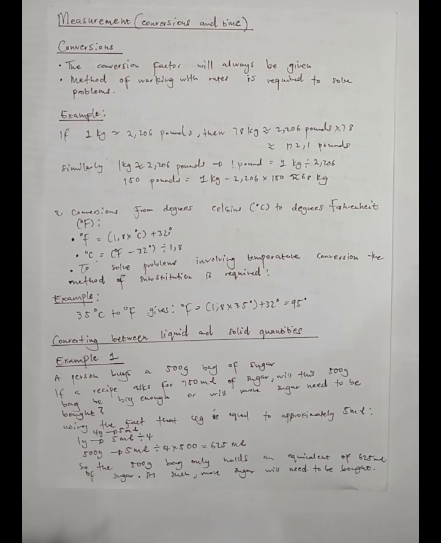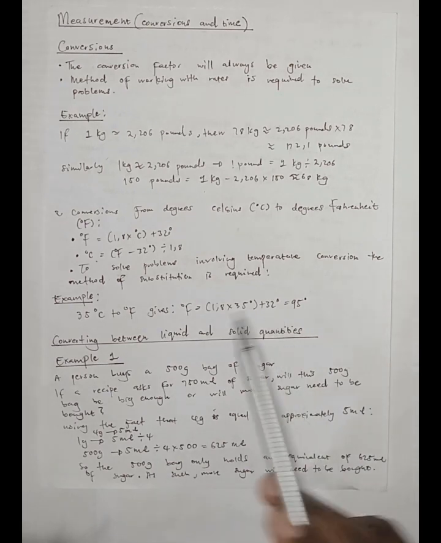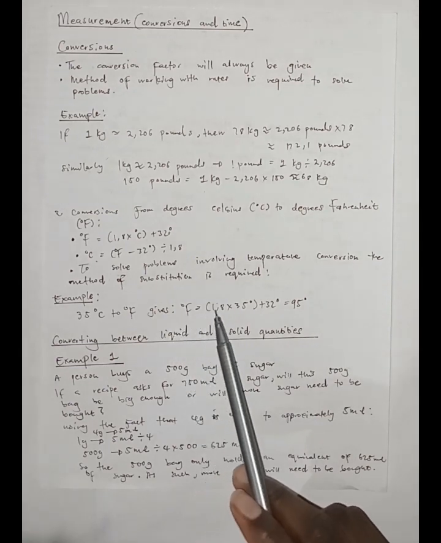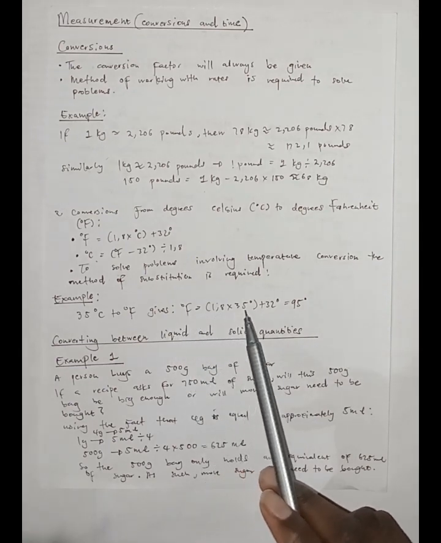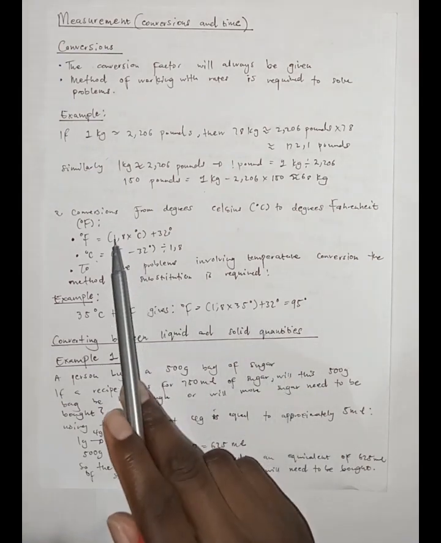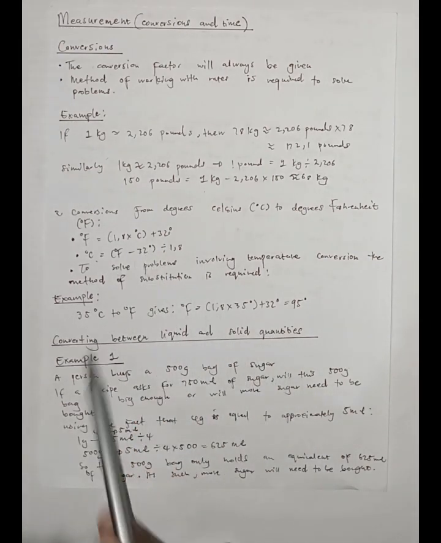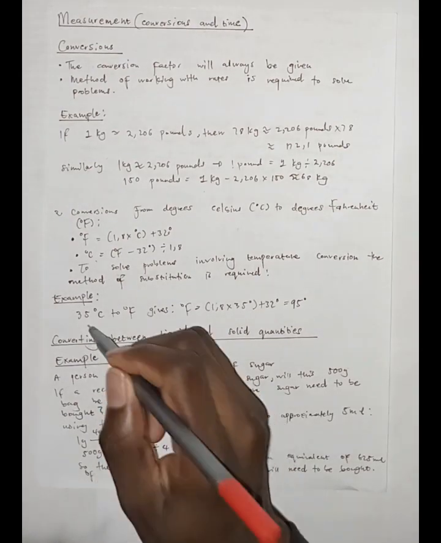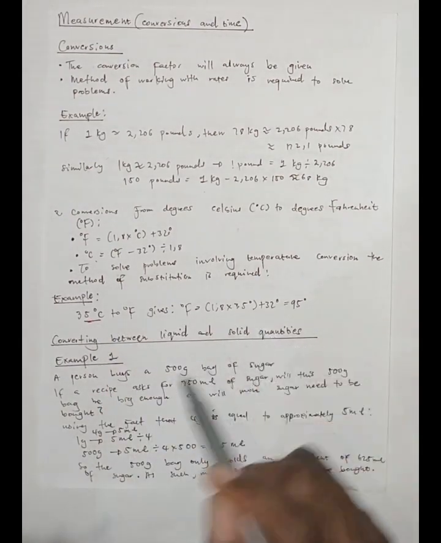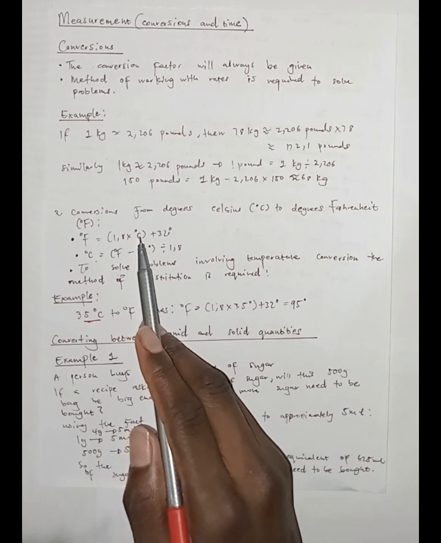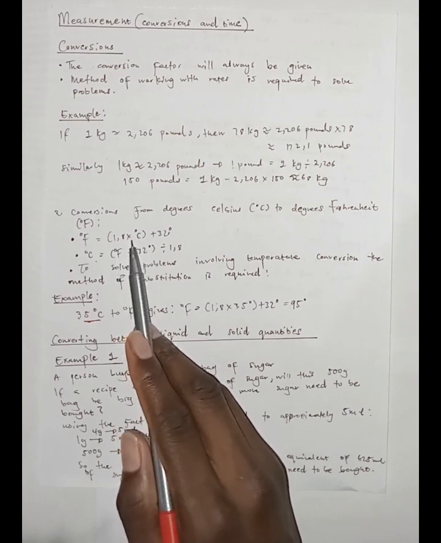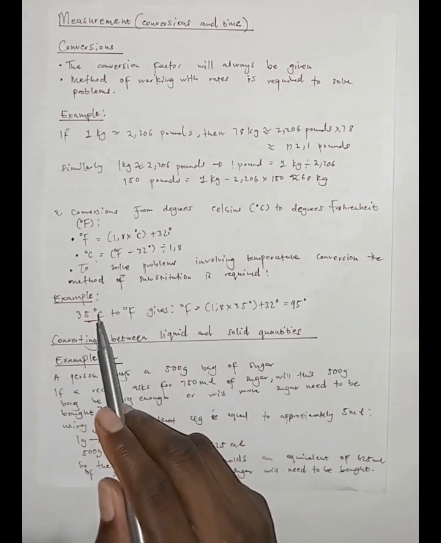So here we go. We have an example. 35 degrees Celsius to degrees Fahrenheit gives degrees Fahrenheit, which is equal to 1.8 times 35 degrees. You see, we just substitute this 35 degrees into the formula, because remember, our conversion factor says it's 1.8 times degrees Celsius, and we have our degrees Celsius here.